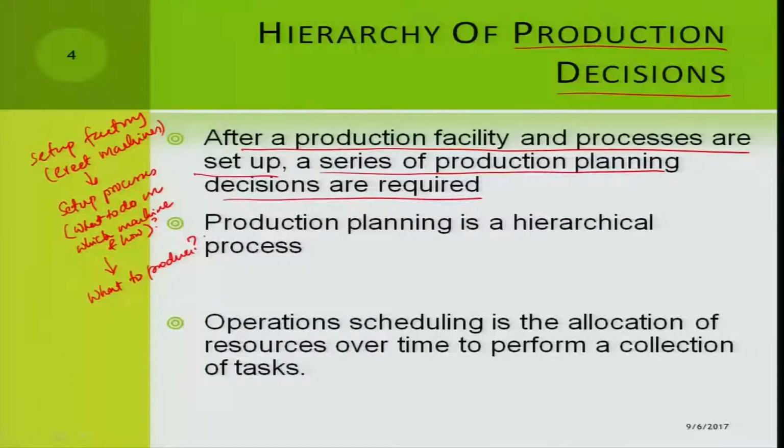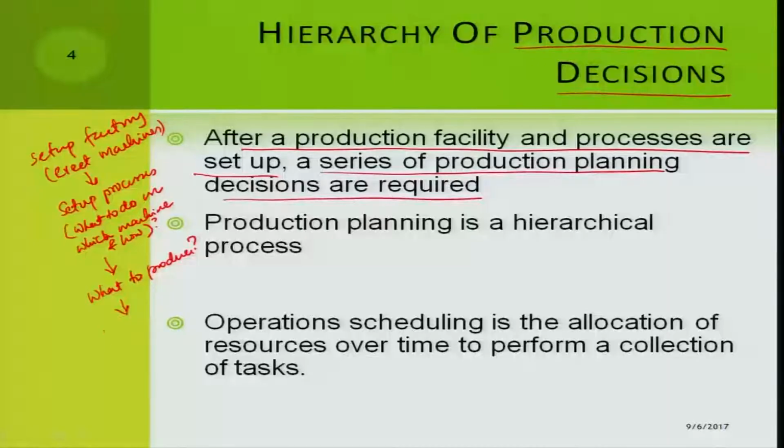So it is kind of hierarchical. You have to have the factory before you set up the process, you have to have the process set up before you decide what to produce, and then you have to know what to produce, then you need to determine how much to produce. After this comes how much to produce. So this process keeps on going hierarchically, one after another.